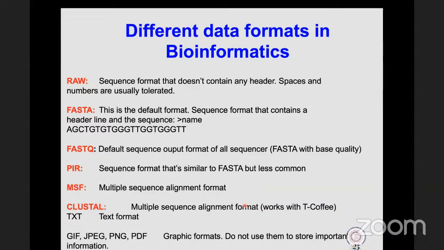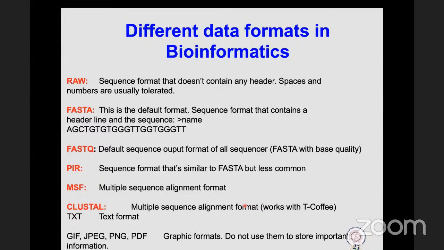Now, I told you earlier about the data. In bioinformatics, the first important thing is data, and the second important thing is the format of data. Like in image processing, the data format is JPG or any image. In the protein mass spec data too.